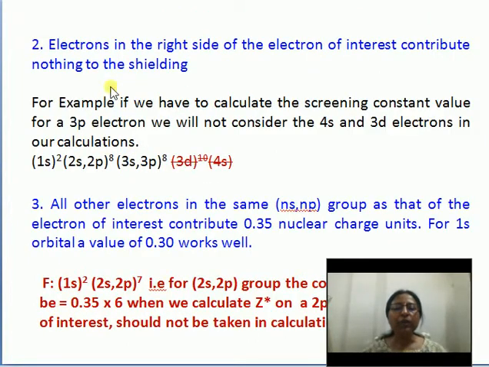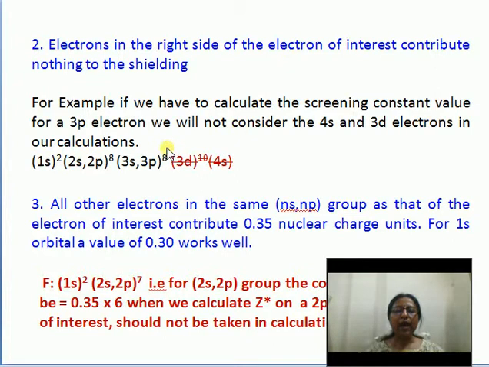Coming to the second rule, what does it tell us? It tells us that electrons on the right side of the electron of interest contribute nothing to the shielding. This is very simple. Electron of interest means the electron for which we are going to calculate the effective nuclear charge, that is the sigma value as well.